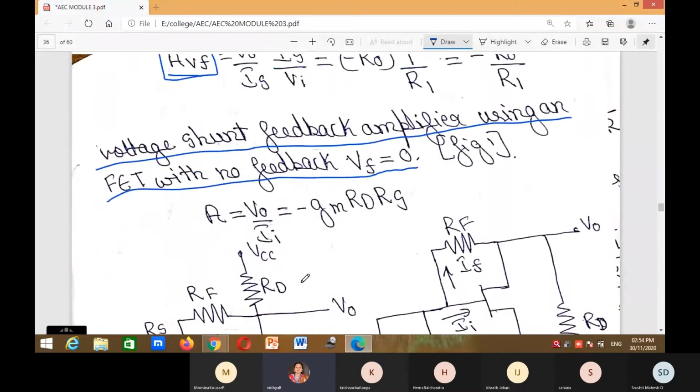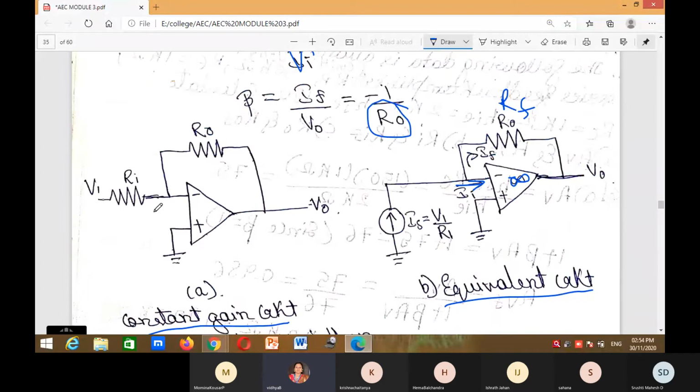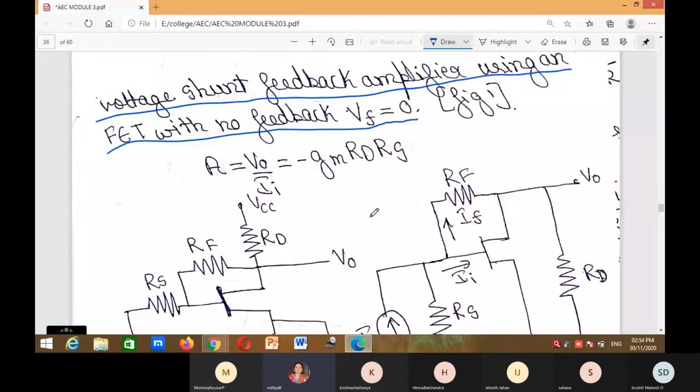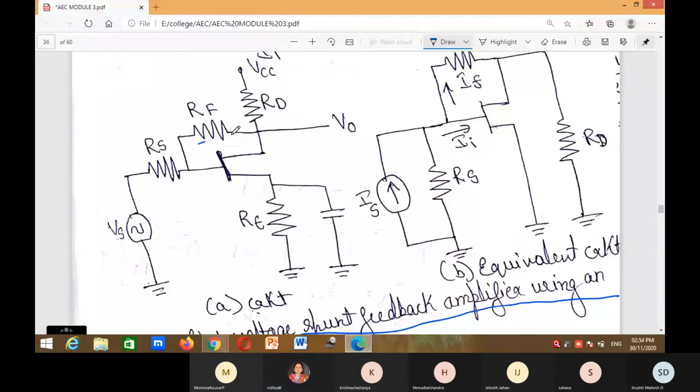We wrote the equations by using an op-amp. Till now we have done it using an op-amp, but now we have considered a FET.